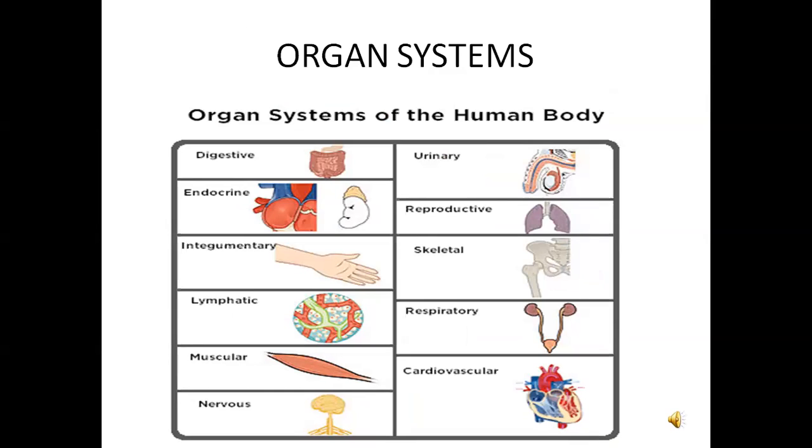Organ systems. Organ systems are formed by the association of organs, which are organized from tissues. This kind of organization helps the organism to perform various activities more efficiently. A group of organs that work together to perform a particular function is known as an organ system.